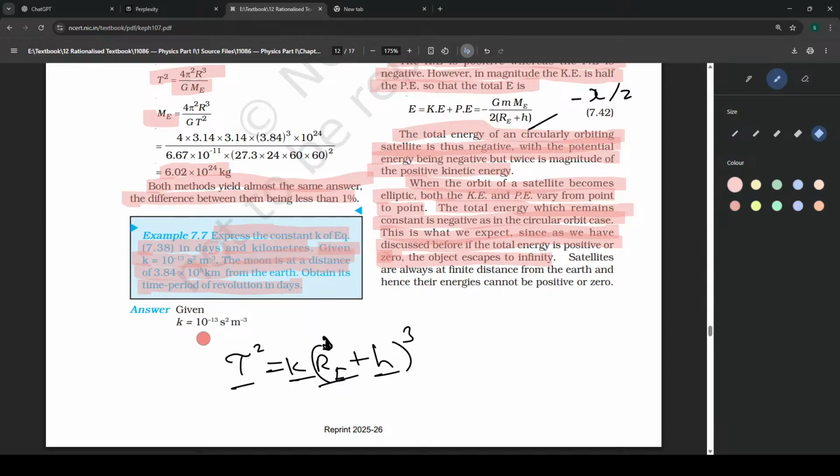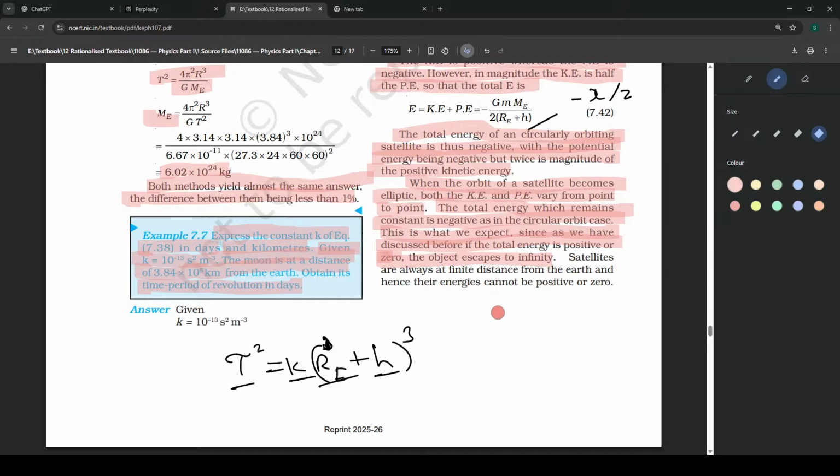But in our case, we don't want the satellite to escape into infinity, but keep revolving around the Earth. So in such a case, the total energy will be less than zero, so that it will keep revolving around the Earth.